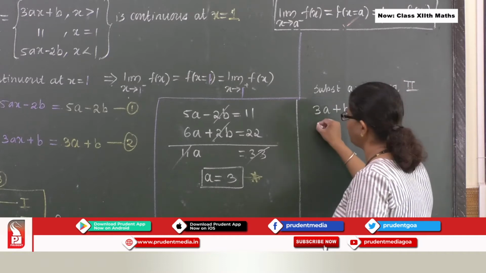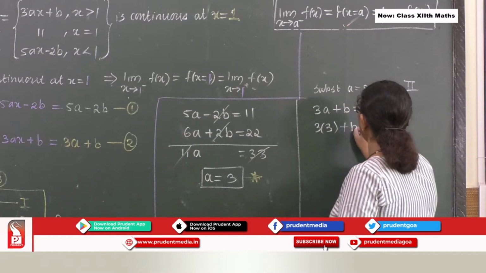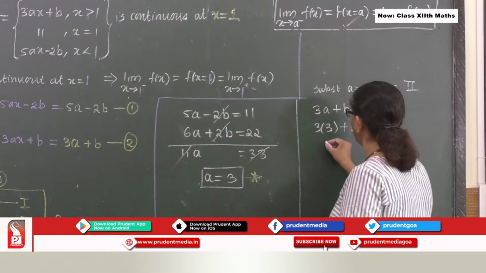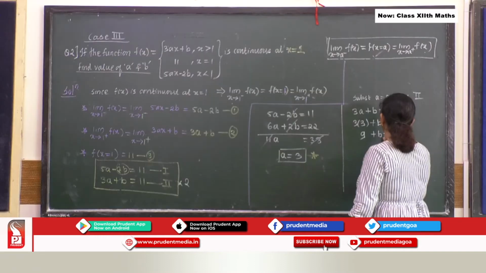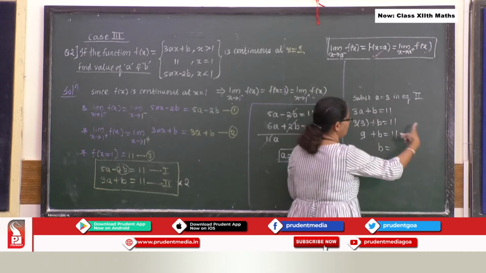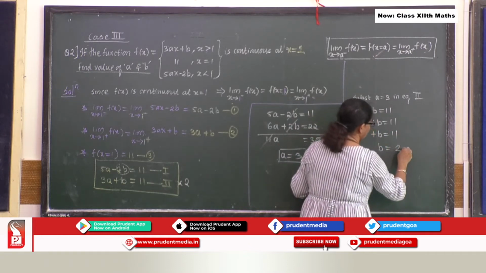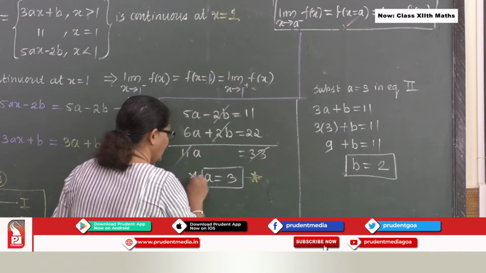So 3 into 3 plus b equal to 11. 3 into 3 is 9, so plus b equal to 11. So b equals 11 minus 9, that's 2. So what is the value of a? 3.